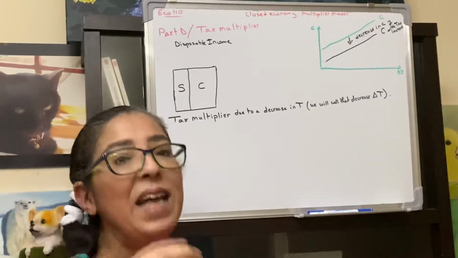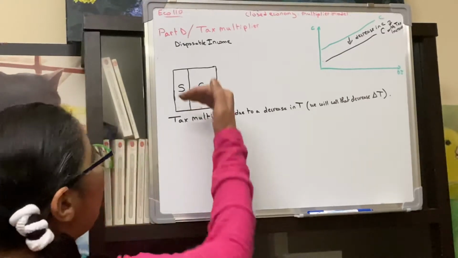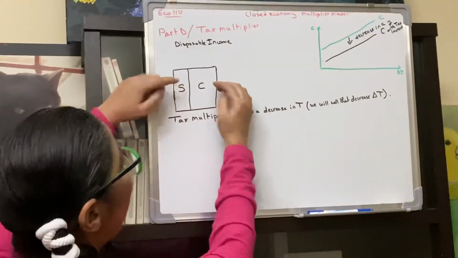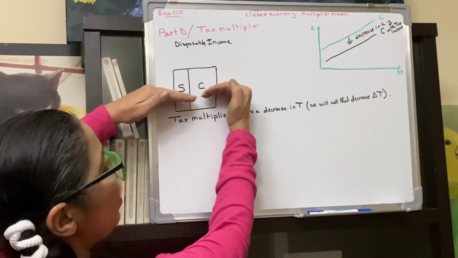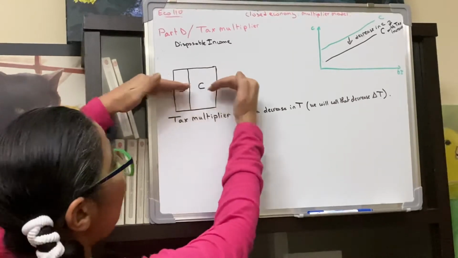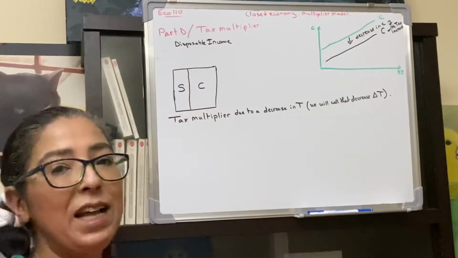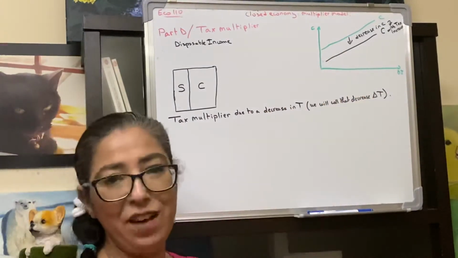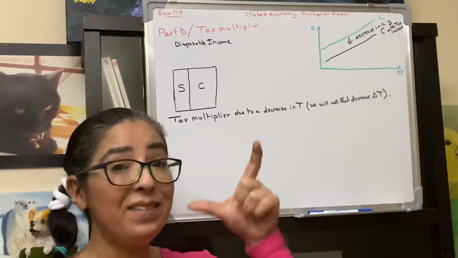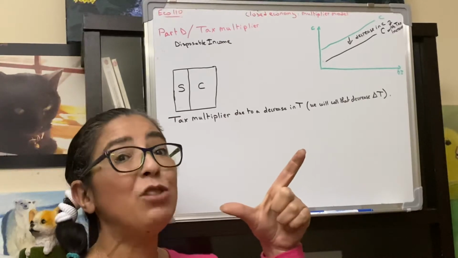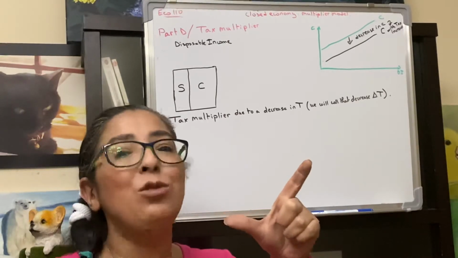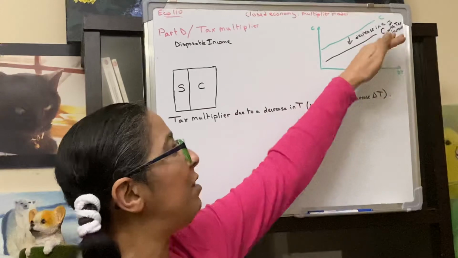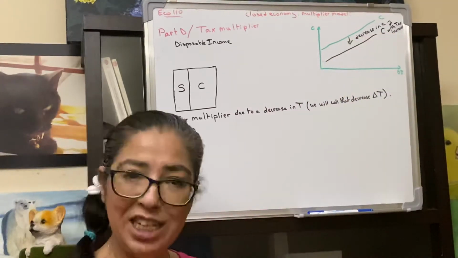If I add the tax, what's gonna happen to your disposable income? It's gonna decrease. So if you decrease the disposable income, automatically you would decrease your C function. When we add the taxes, we have less money to dispose of, which means my consumption function decreases.